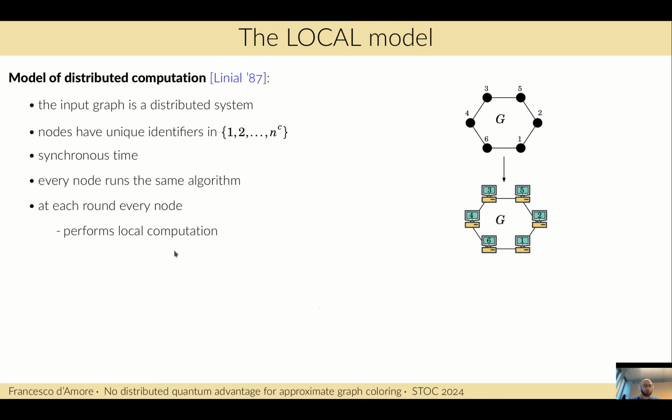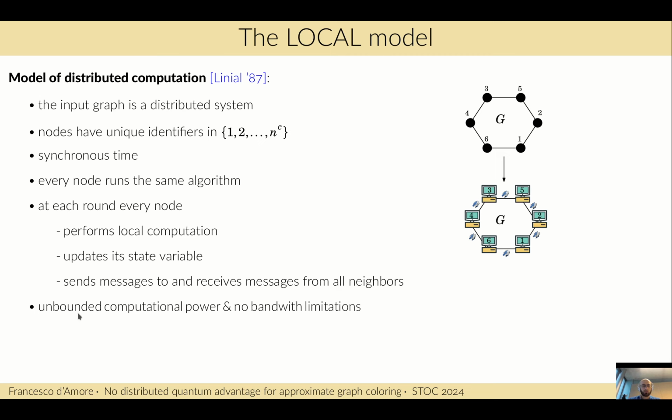More specifically, at each round, every node performs local computation, updates its state variable, and then sends messages to all neighbors and also receives messages from all neighbors. In the LOCAL model, there are no constraints on the computational power and no bandwidth limitations. And within these constraints, the distributed system can solve a problem on basically itself, like coloring.